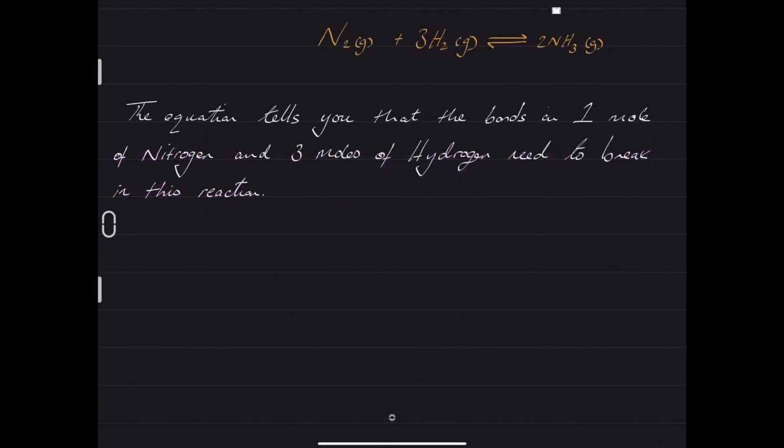The first step that we need to do is look at the balanced equation. You must always have a balanced equation to work with. This is because you are going to deal with the number of moles. If you remember back to your bond energy table, you will notice that the unit of the bond energy is kilojoules per mole.